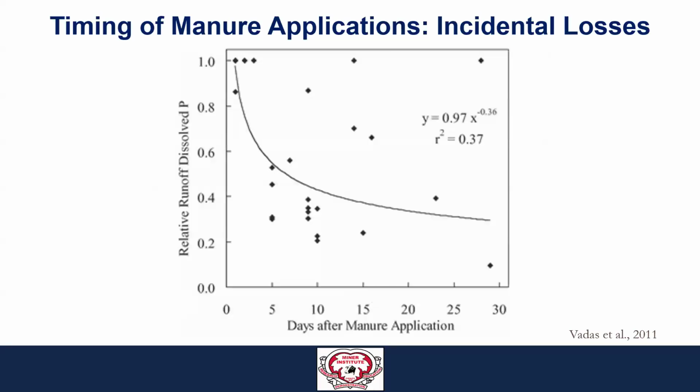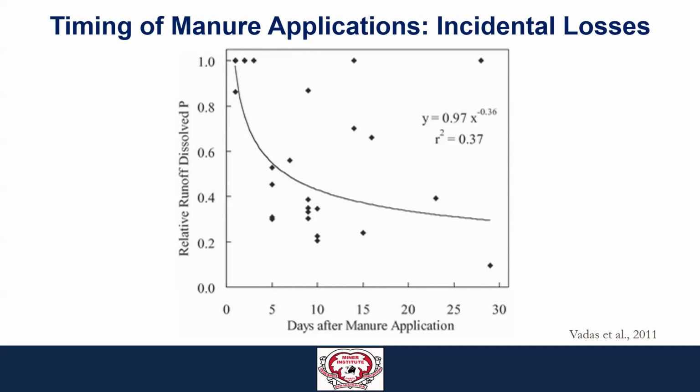But there are some risk factors that we're aware of. One is, when did we apply manure relative to that runoff event? Here we can see the fraction of runoff dissolved P that we would lose depending on the number of days after application. This is from some work from Wisconsin by Vadas et al.